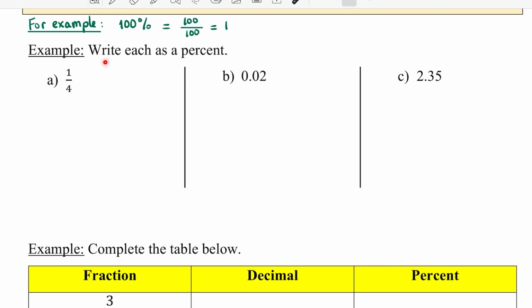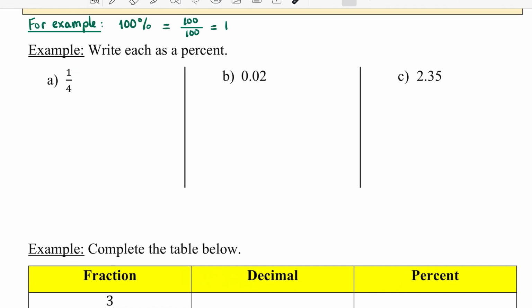Example, write each as a percent. We have 3 questions, A, B, and C. And we want to write each of these numbers as a percent. Let's start with question A. I have 1 over 4. In order to write 1/4 as a percent, I need to turn this into a decimal first.